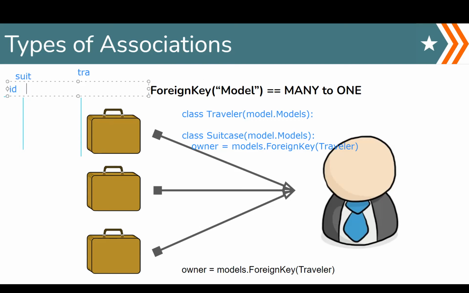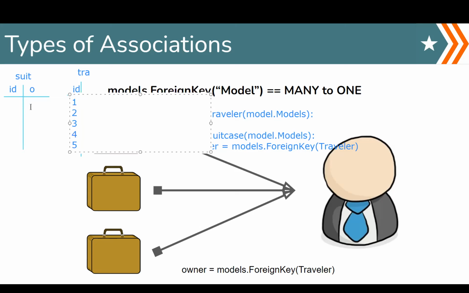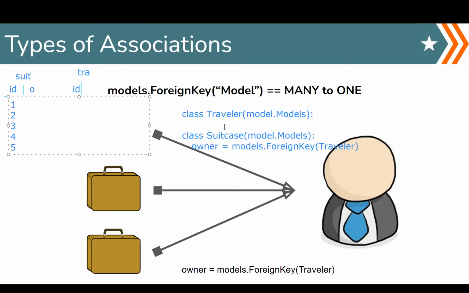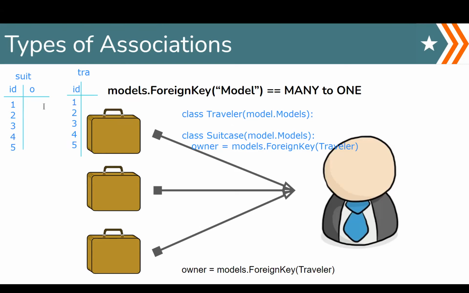And for the suitcases, they have an ID and an owner, and the travelers have an ID. So let's say I have 1, 2, 3, 4, 5. Let's say I have 5 different travelers, and I have 5 different suitcases. So what the foreign key lets us do is it allows us to connect one traveler to multiple suitcases.